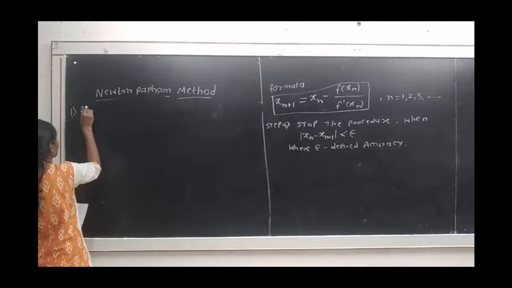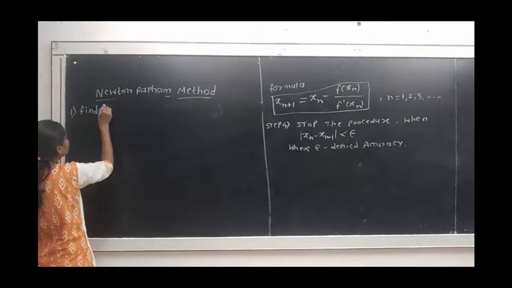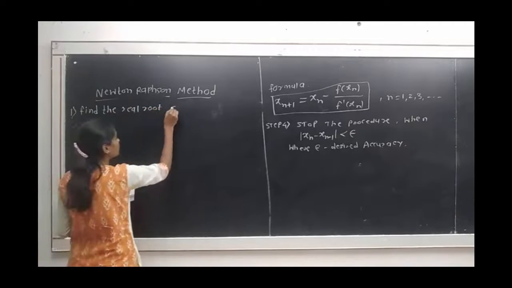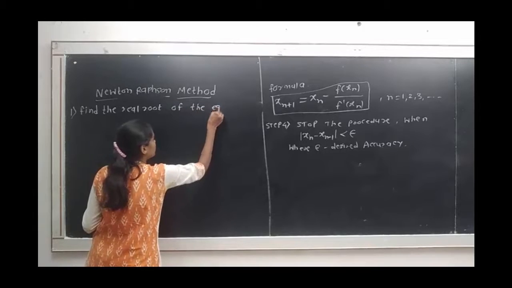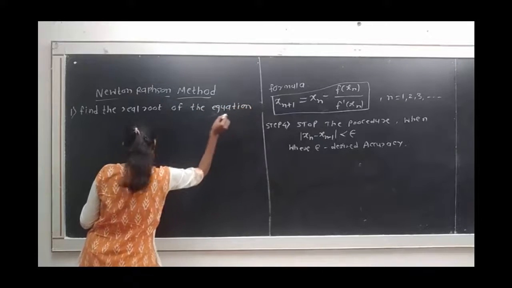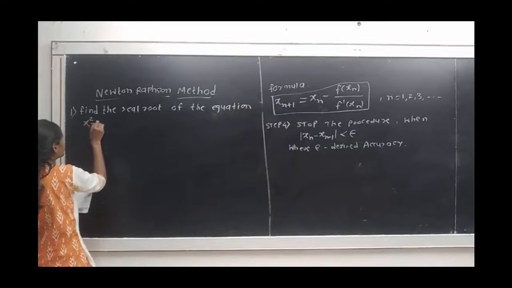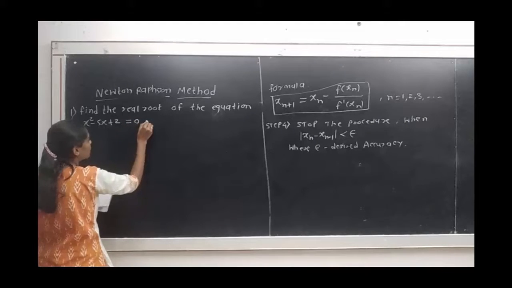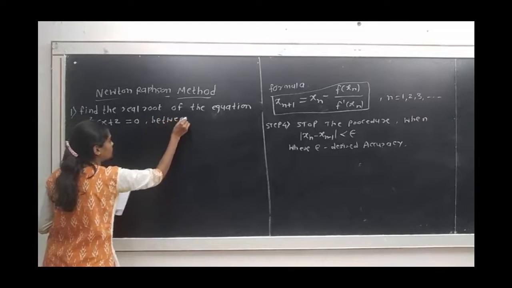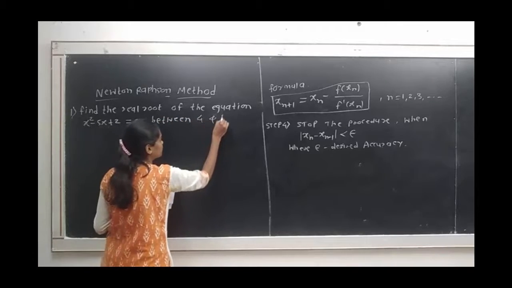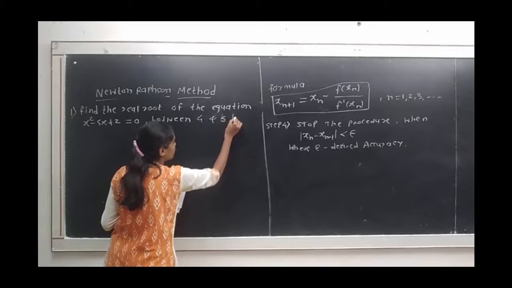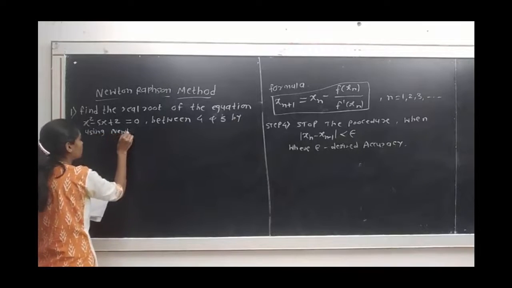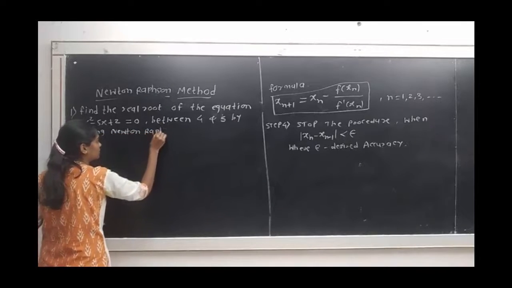Example number 1: find the real root of the equation x square minus 5x plus 2 is equal to 0 between 4 and 5 by using the Newton-Raphson method.